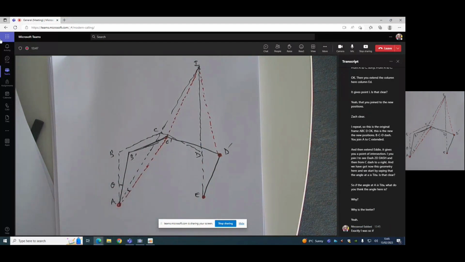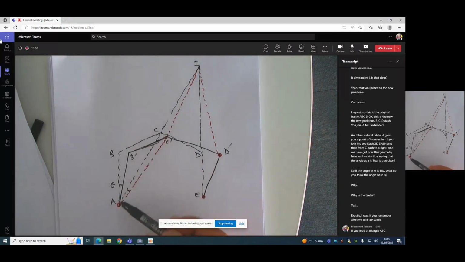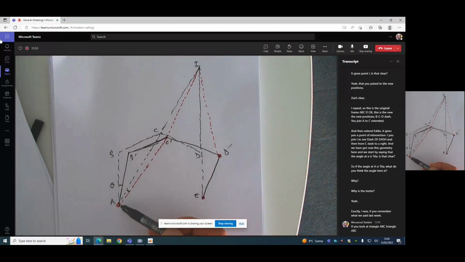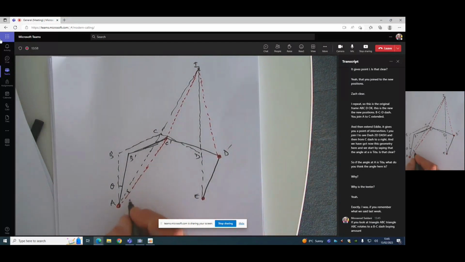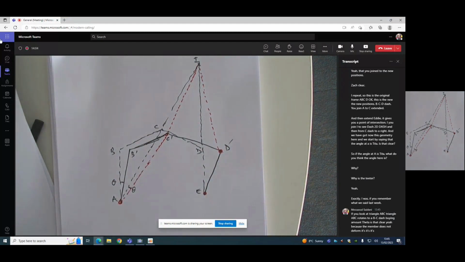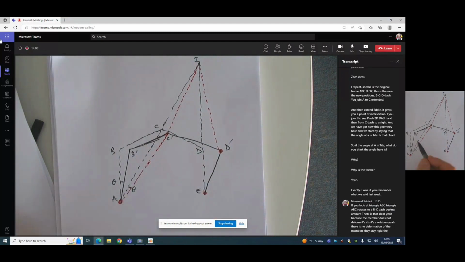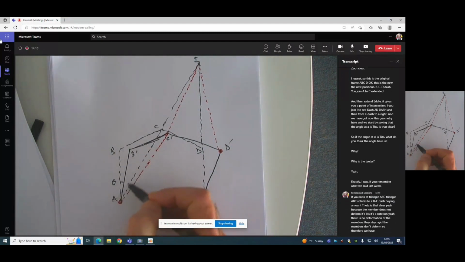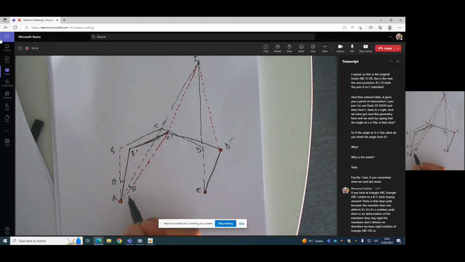If you remember what we said last week, if you look at triangle ABC, triangle ABC rotates to AB dash C dash by an amount theta. Is that clear? Yeah, because the member does not deform. It's a rotation. There is no deformation of the members. They stay rigid. So therefore, we have a rigid rotation of triangle ABC. Okay, so it rotates by angle theta.